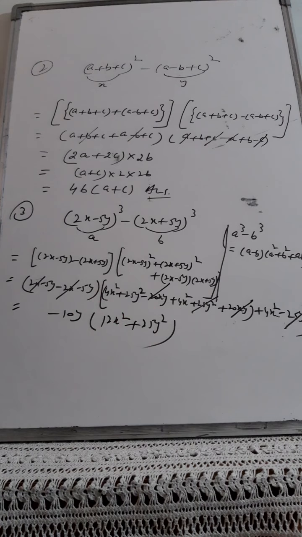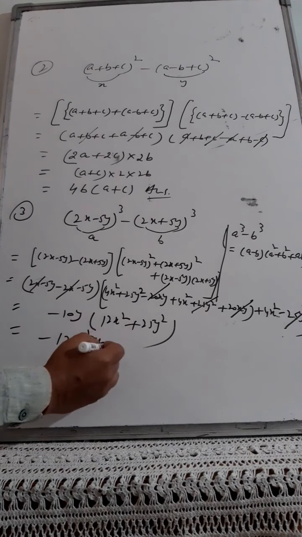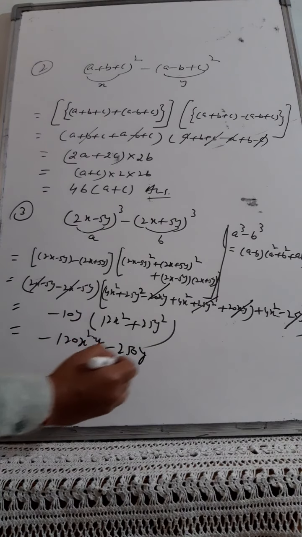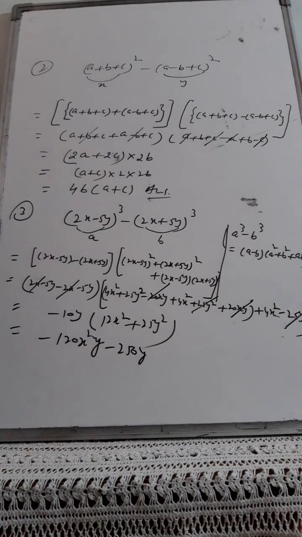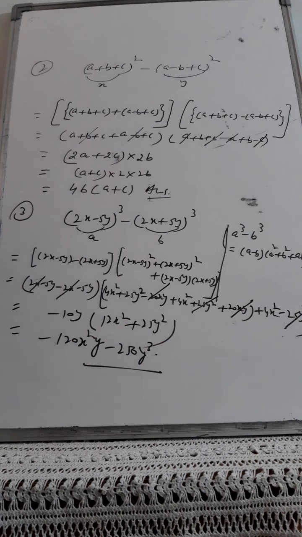So here you can leave your answer, minus 10y into (12x square plus 25y square). So if you finally write down, minus 120x square y and minus 250y cube. So there you can leave your answer here. So that is the solution for this.